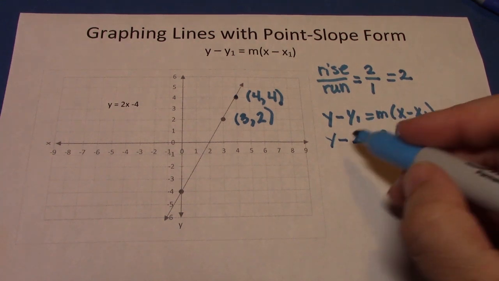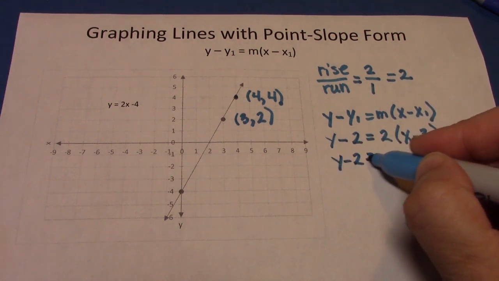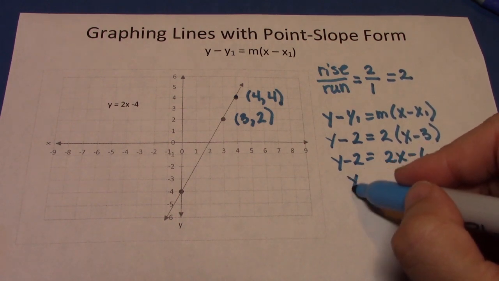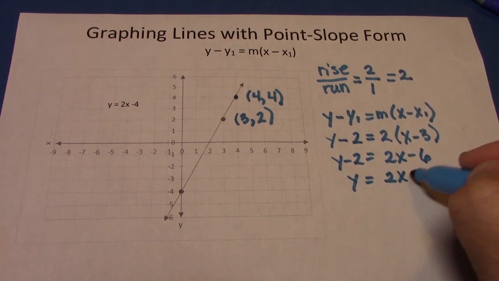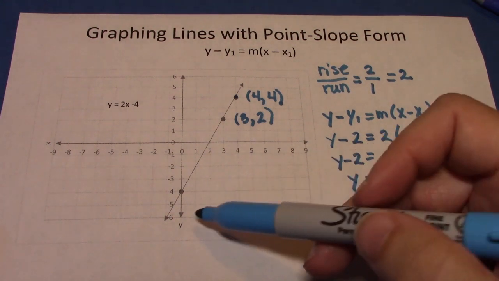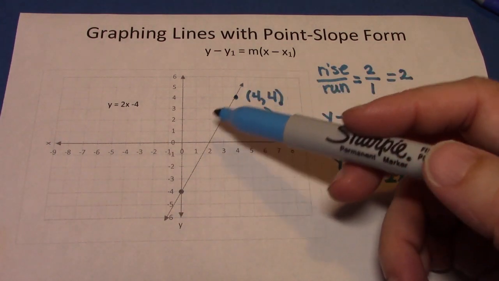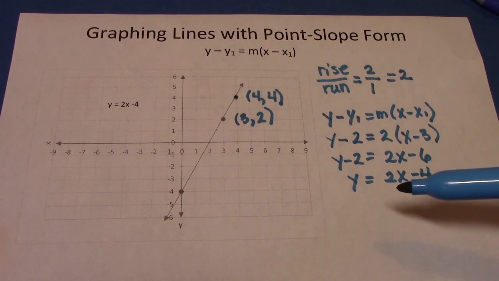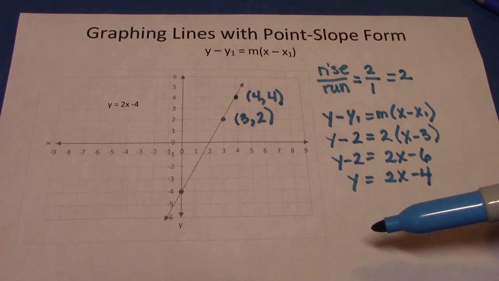Now let's do the math here and clean this up a little bit. 2x minus 6, and we add 2 to both sides. So this line has the equation of y equals 2x minus 4. Try the examples in the practice problems. So you'll get a lot more experience, and then we'll go over them together.